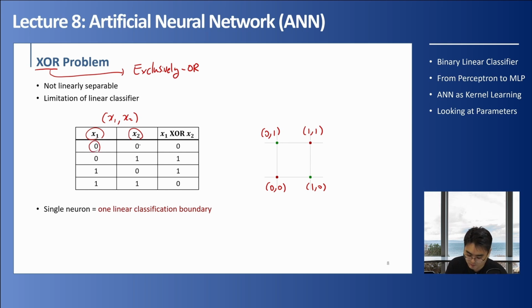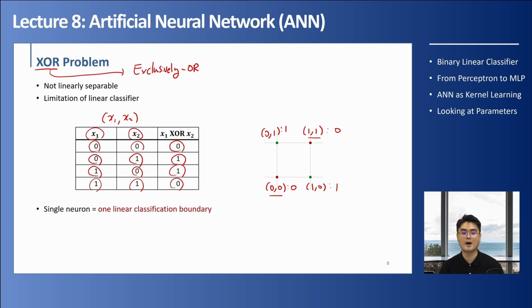And if it's 0 and 0, then this is class 0. And if it's 0 and 1 here, then it's class 1. And if it's 1, 0, it belongs to class 1. And if it's 1, 1, it belongs to class 0. So it belongs to class 0 only if these x1 and x2 are the same value.